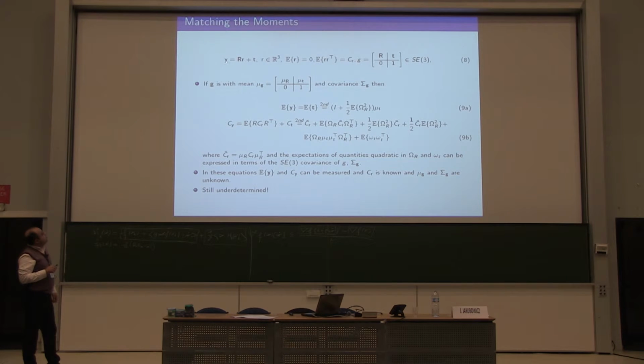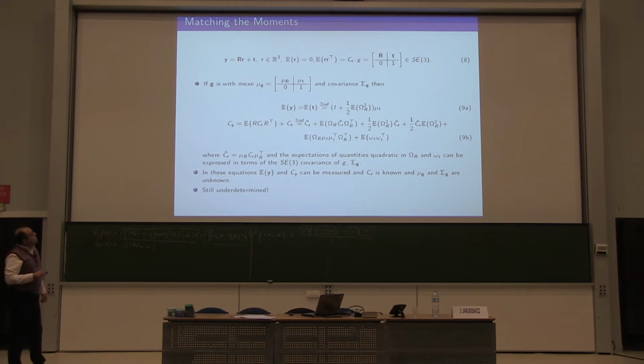So we try to relate the first order and second order moments of y to first order and second moments of R through the unknown moments of G, or R and T, the SE3 variables.